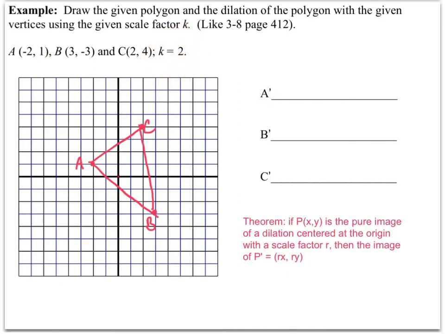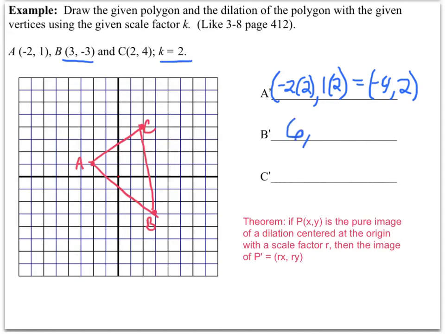So to find A prime, I take and multiply -2 times 2 for the x coordinate, and 1 times 2 for the y coordinate. And this is equal to -4, 2. Similarly for B prime, I'm taking 3 and -3 and multiplying them both by k, which is the scale factor of 2.